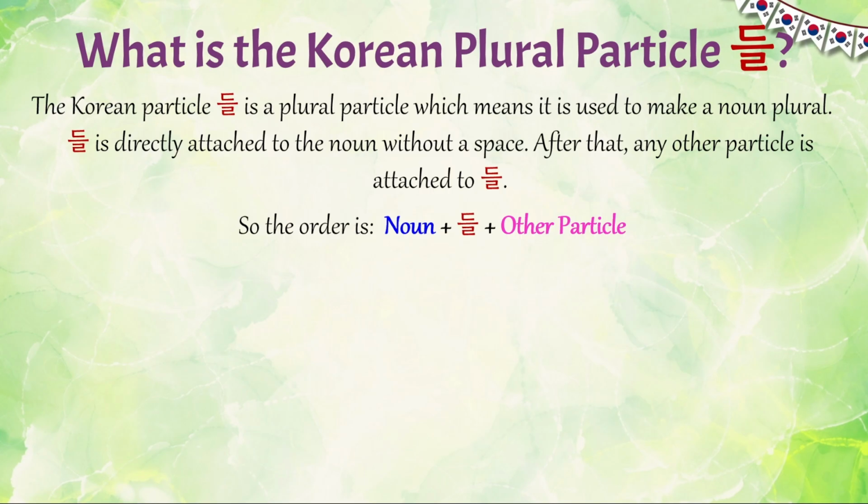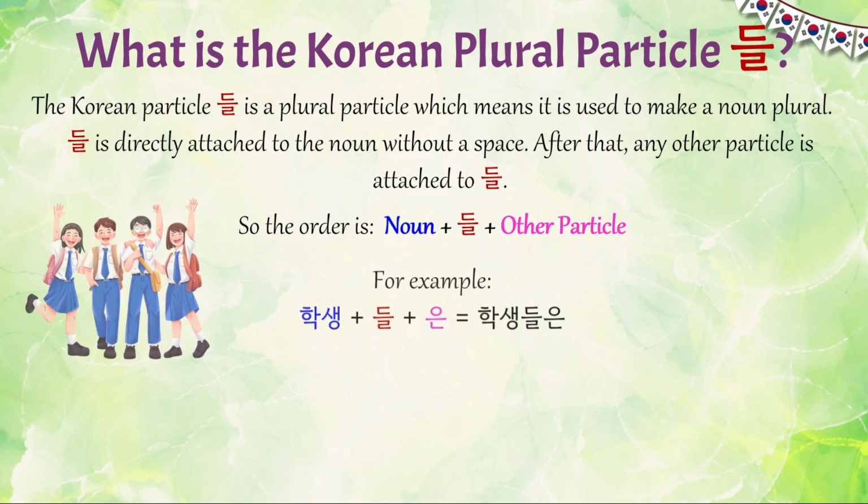Whether the noun is the subject or object or the topic or any other role that the noun has in the sentence, depending on that role, other particles are attached to the noun after attaching 들. So the order is very simple: noun, and then 들 is attached to the noun, and then after that we attach the other particle.